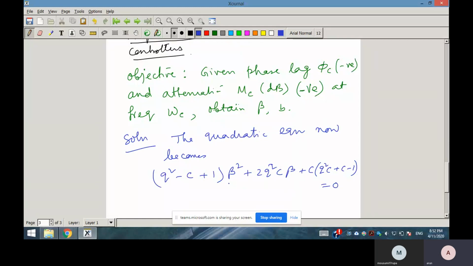So what I have done is only replace alpha by beta in equation 5 of the lead controller.